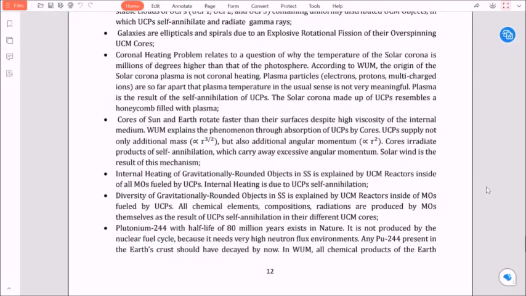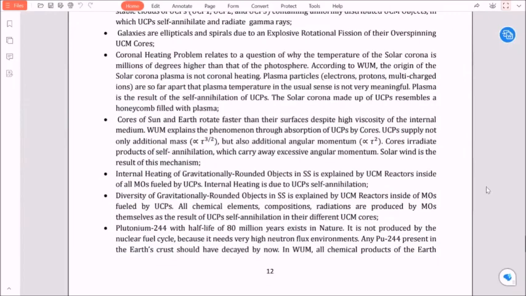Plasma particles, electrons, protons, and multi-charged ions are so far apart that plasma temperature, in the usual sense, is not very meaningful. Plasma is the result of the self-annihilation of UC particles. The solar corona, made up of UC particles, resembles a honeycomb filled with plasma.